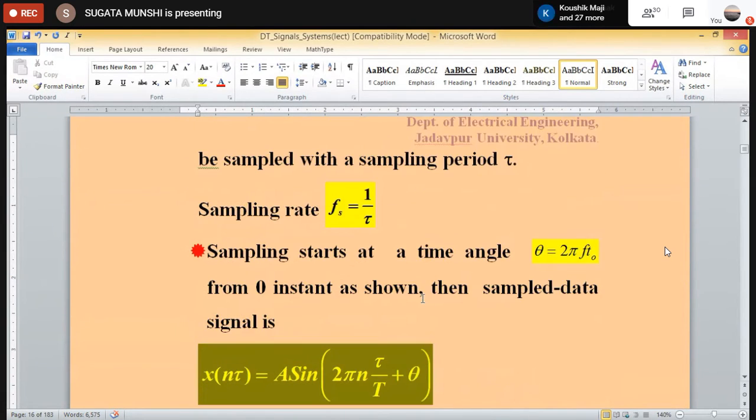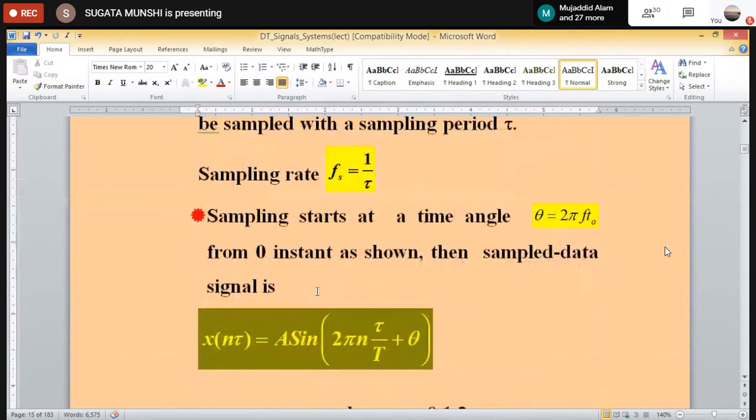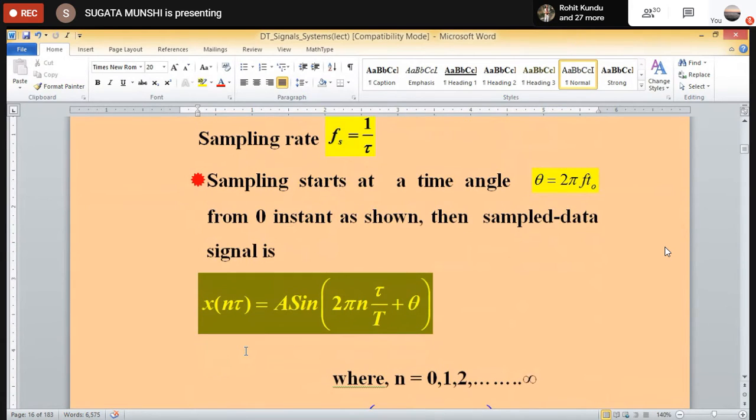Because when you start the sampling, if I decide that I'll start the sampling at t equal to t naught, in a sampled version, if I represent that by x(n tau), what will be the first sample? It will be the sample corresponding to n equal to 0. That is the standard convention. The sample that occurs at n equal to 0, that is the first sample.